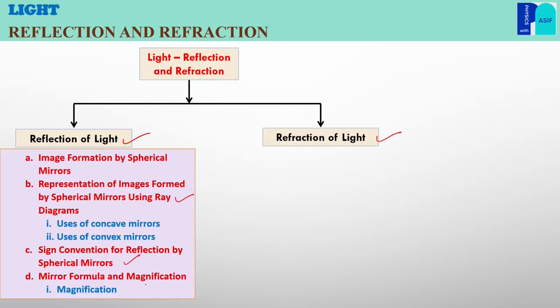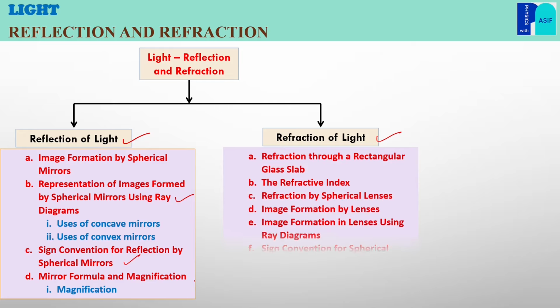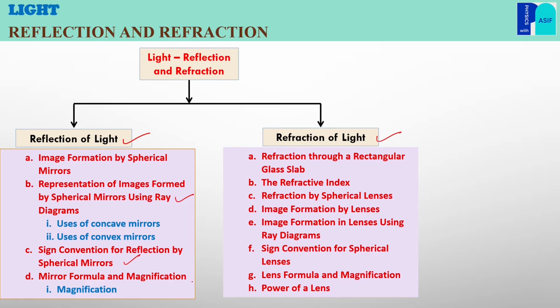Now in the second part of the chapter, that is the refraction of light, we will understand what refraction actually is and the basic terms related to it, and then how a light ray bends when it passes through a glass slab, the meaning of refractive index, and the refraction through spherical lenses. So just like mirrors, we will study the image formation by spherical lenses using ray diagrams.